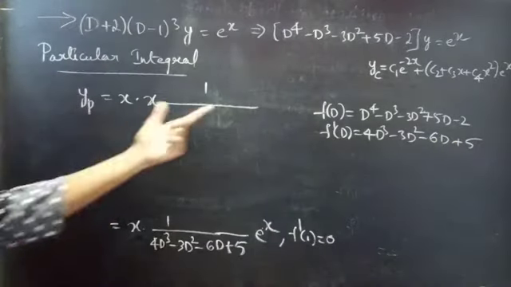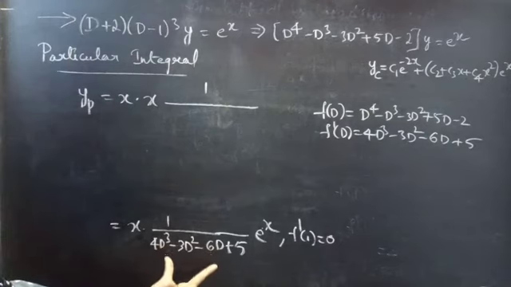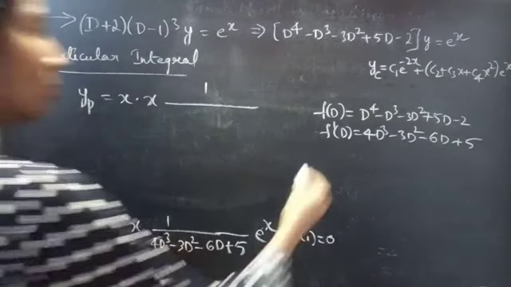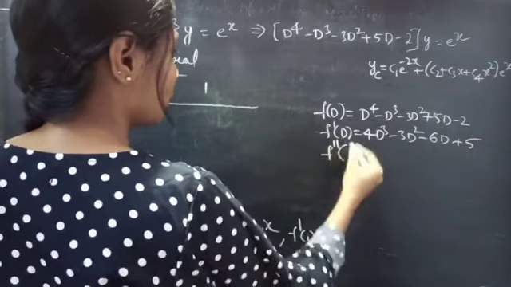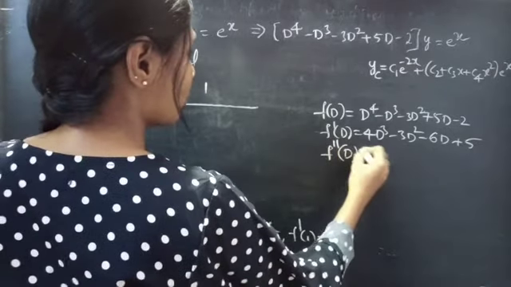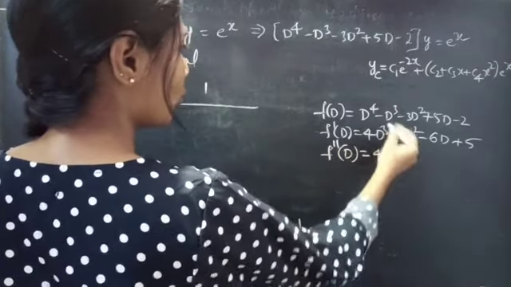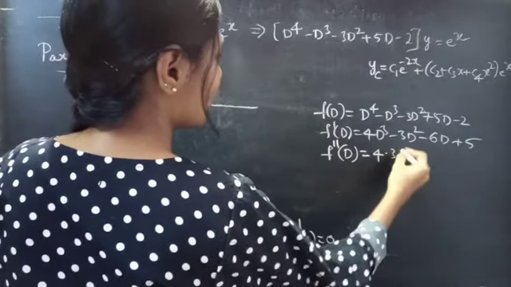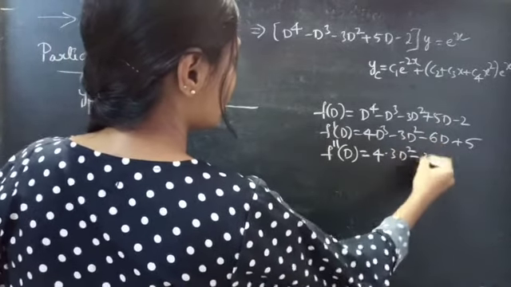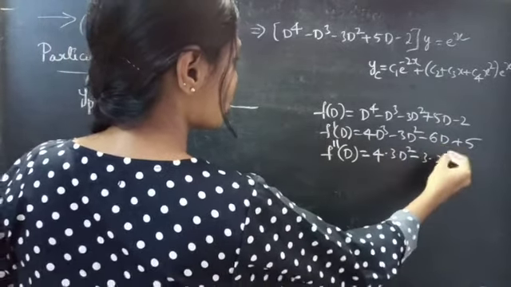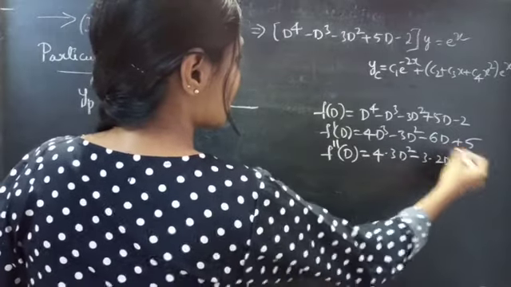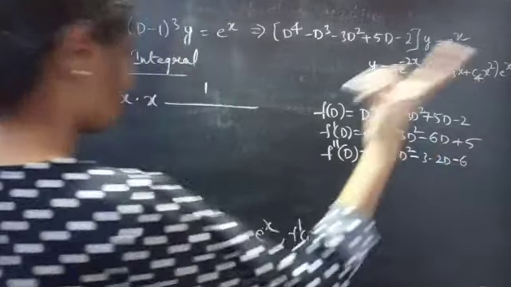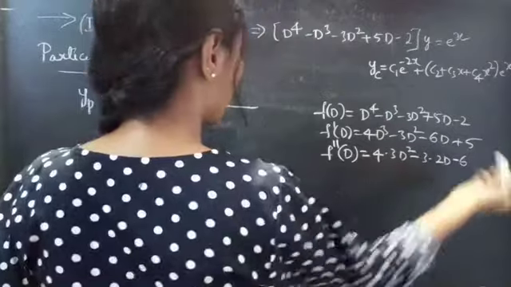Now let's find f dash of D. We need to find the derivative of f dash of D. That is, f double dash of D equals 4 into the derivative of D cube, which is 3D square, minus 3 into the derivative of D square, which is 2D, minus 6 into the derivative of D, which is 1, plus the derivative of the constant, which is 0.